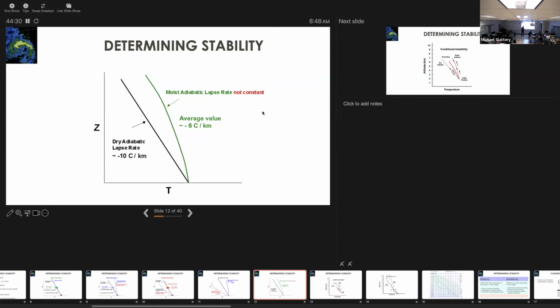So the dry adiabatic lapse rate is linear, period, 1 degree per 100 meters. The saturated adiabatic lapse rate changes. It's a curve, right? Depending on how much moisture there is. On average, about 6 degrees per kilometer, 0.6 degrees Celsius per 100 meters in pretty moist air.